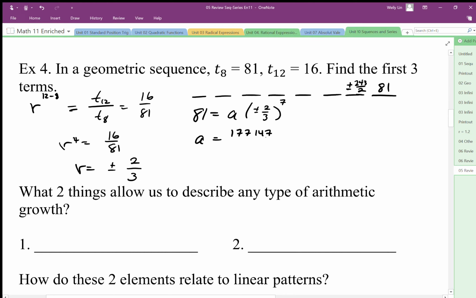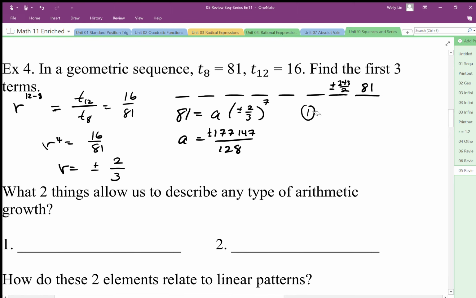It's going to be 177,147 over 128. Okay, so that's going to be my a value, and all the even terms are going to be positive. All the odd terms are going to be positive or negative. So the first 3 terms are going to be plus or minus 177,147 over 128.